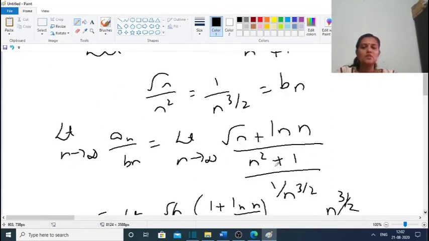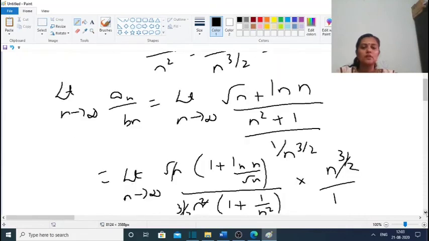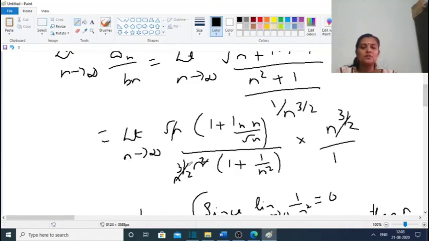So limit n tends to infinity an by bn is equal to limit n tends to infinity root n plus ln n by n square plus 1 divided by 1 by n raised to 3 by 2, which is equal to limit n tends to infinity. We can cancel this root n, then this becomes n raised to 3 by 2 and cancels this n raised to 3 by 2.